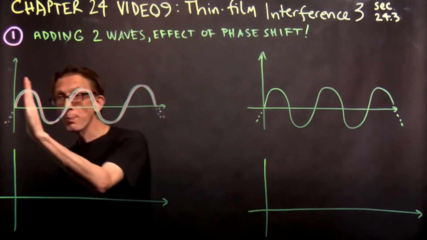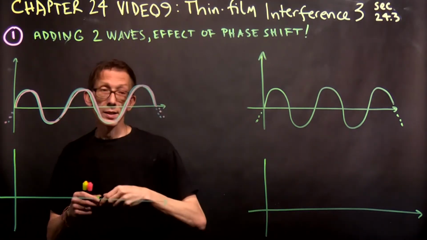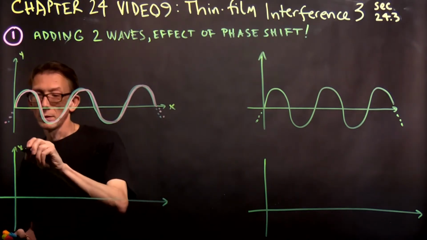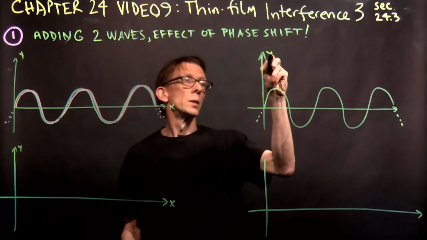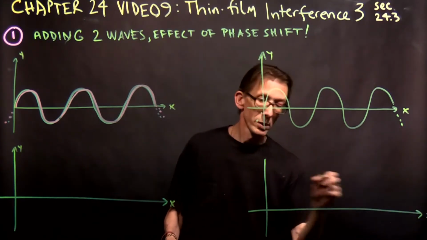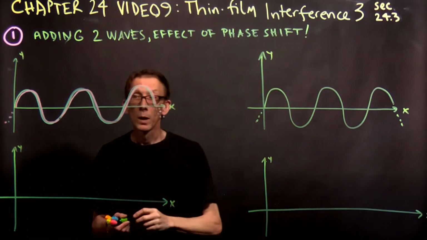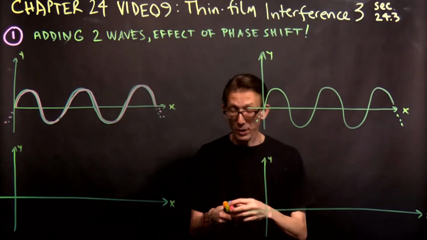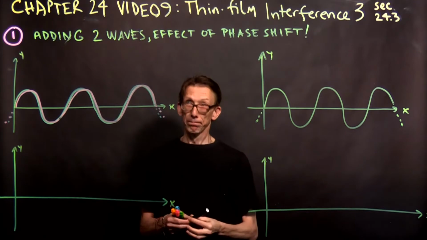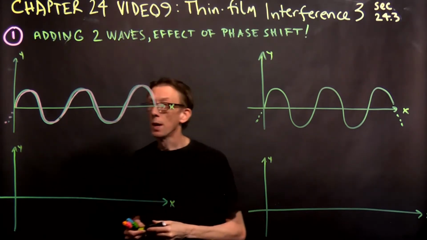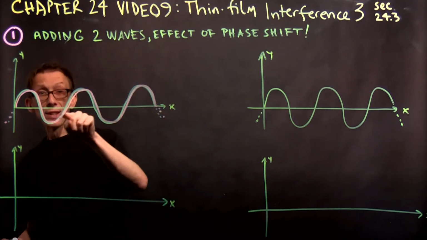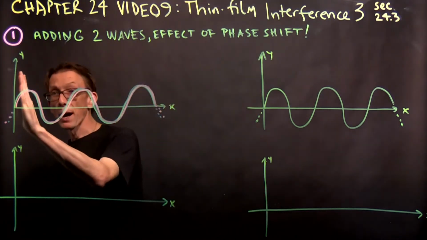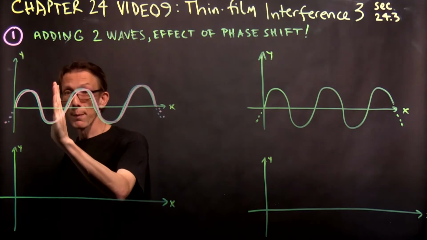At every point along the x-axis, all we have to do is add the waves. In this case we have constructive interference, because you have positives on top of positives and negatives on top of negatives.